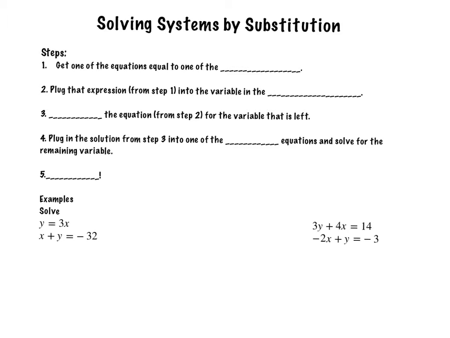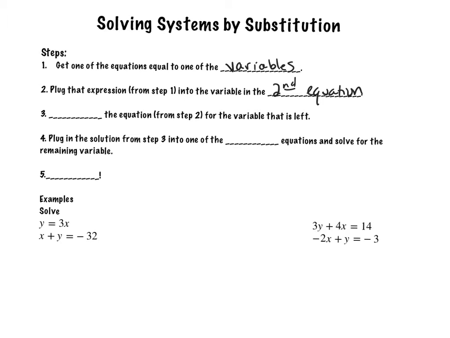So I have some steps I'm going to work through. The first one is to get one of the equations equal to one of the variables. Again, it doesn't matter what equation you're using, what variable you're using. We'll talk about how sometimes things make more sense to do one variable or the other. And then I'm going to take whatever expression I get there and plug it into the variable in the second equation, so basically whatever one I didn't use.